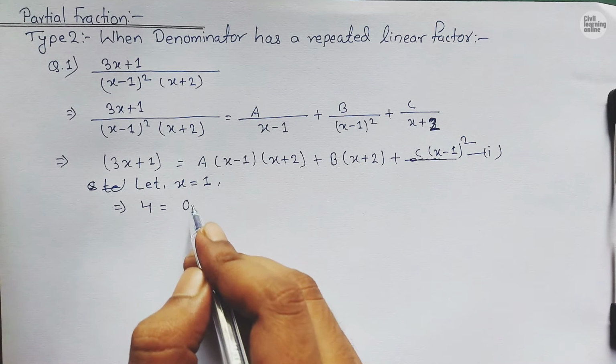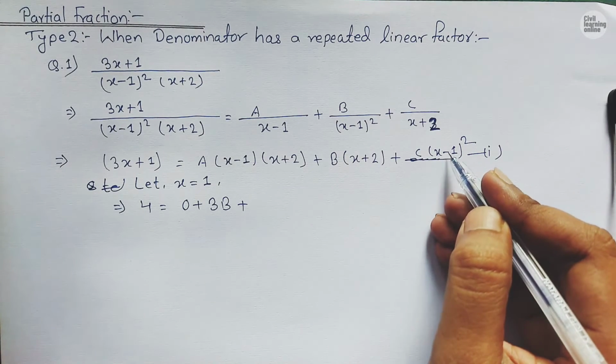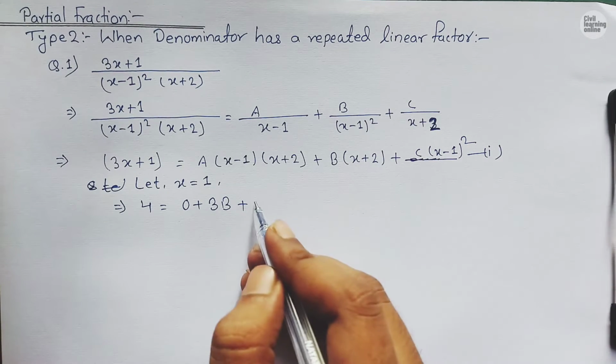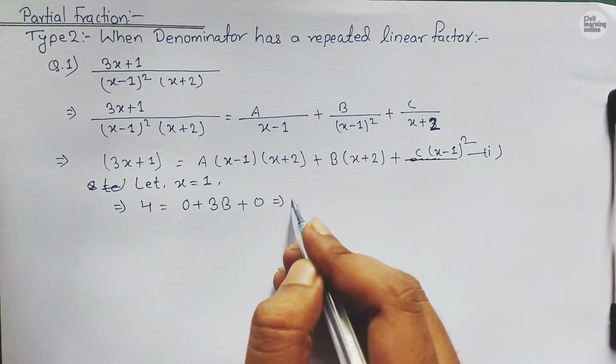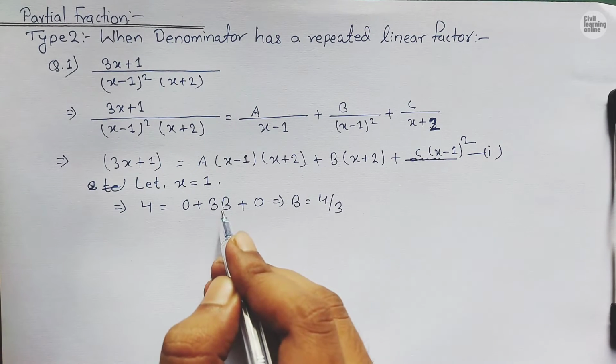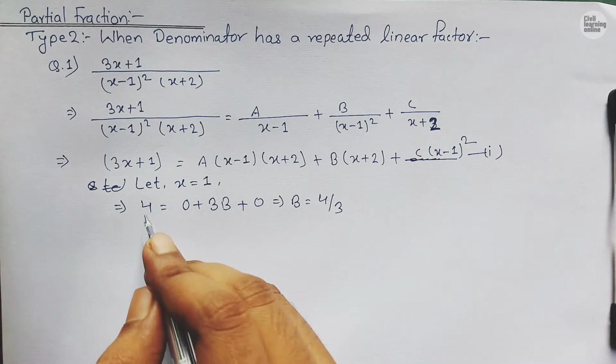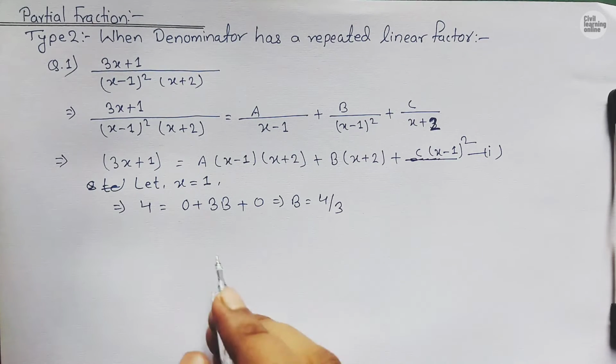So from here, when this multiplication goes to the other side it gets divided, b equals 4 by 3, our value of b.